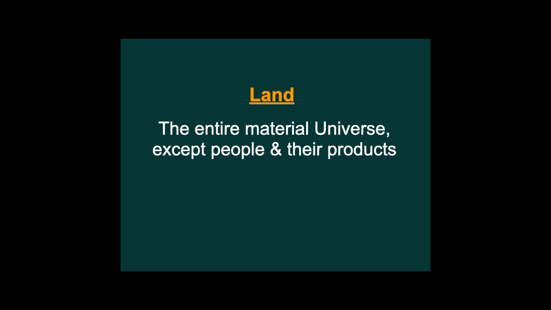And so 200 years ago, when they were developing this discipline called political economy, they decided to call all of nature land. So if you're not taking this course and you say to somebody, oh yeah, I just found out the ocean is land, that conversation is probably going to come to a screeching halt. But for the purpose of this class and political economy, that's what they called it. All the unaltered gifts of nature.